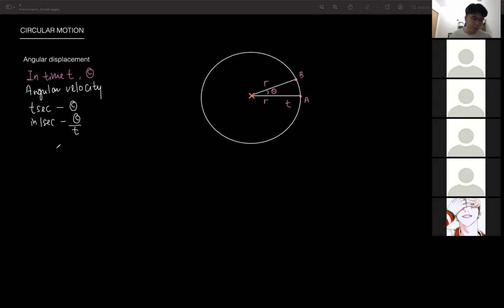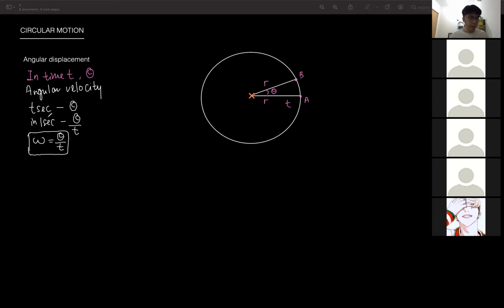So theta over time is our angular velocity. We write omega equals theta over t, or you can write delta theta over delta t, the same thing. So this is our angular velocity, the change in the angle per every second.